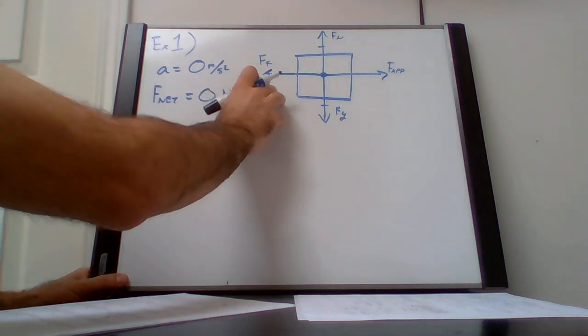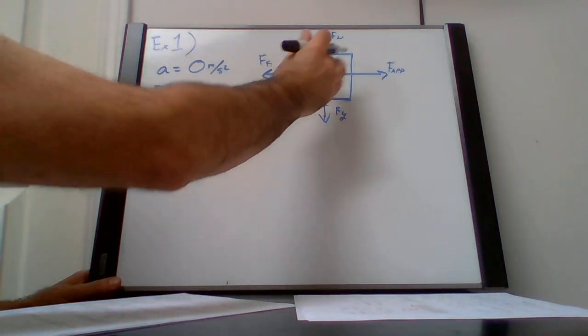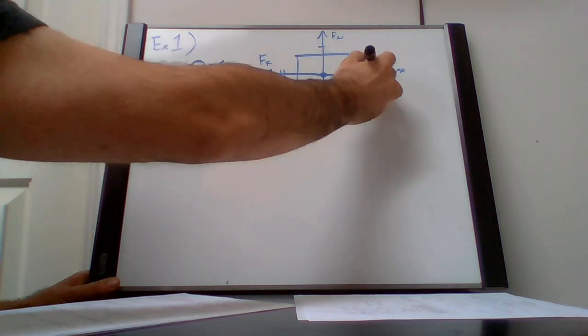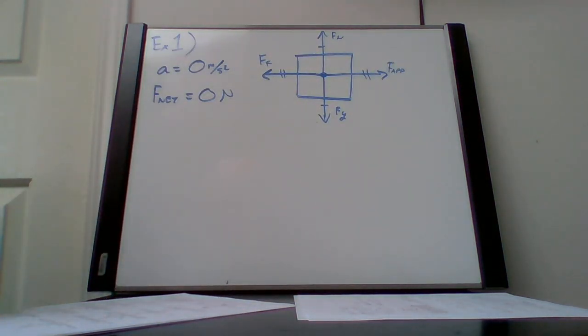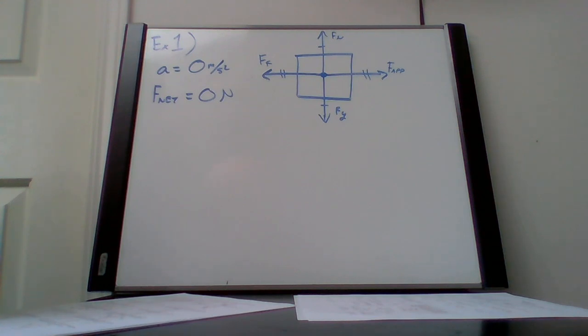We want to make them about the same size, because if we have 0 acceleration and 0 net force, then just like our normal and gravity had the same magnitude, our force of friction and force applied must have the same magnitude. We're not saying this box is motionless, just that it has 0 acceleration, because force is mass times acceleration. Without acceleration, the object can still move, just no speeding up.